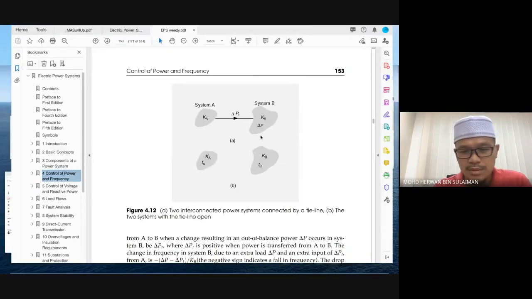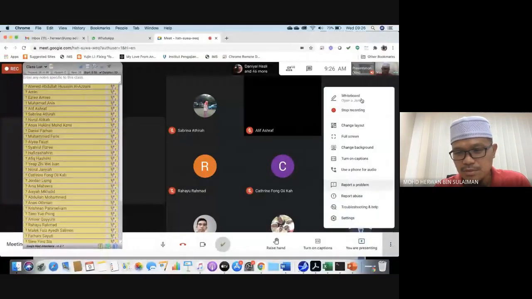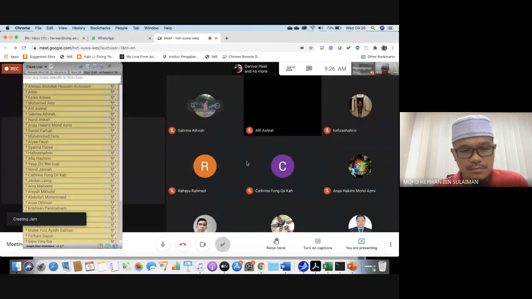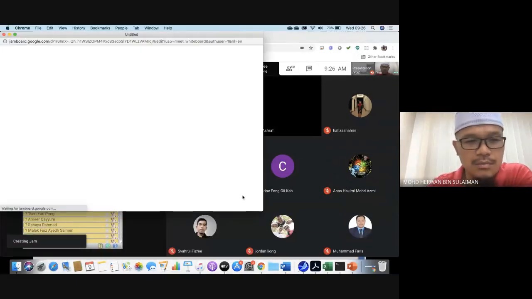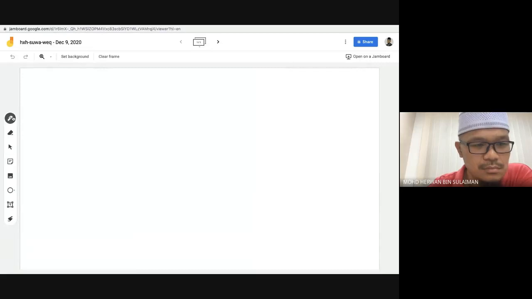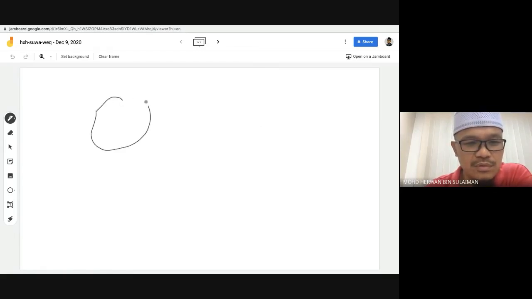So I put it here in the Jamboard. You have system A and we have system B. It's connected with the tie line.